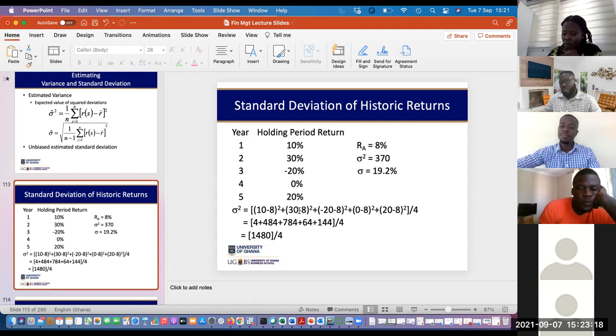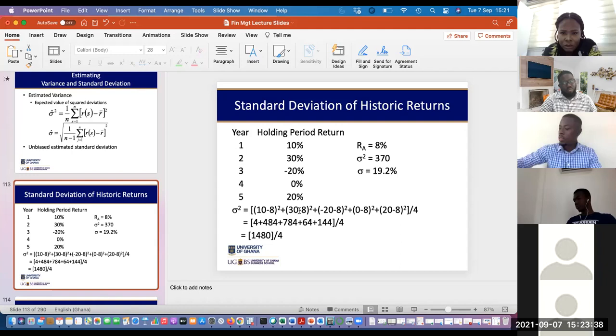So that's the concept of the standard deviation or the variance. How far are we from the expected return? Meaning that if your variance is very high or your standard deviation is very high, it means the risk of the asset is high.